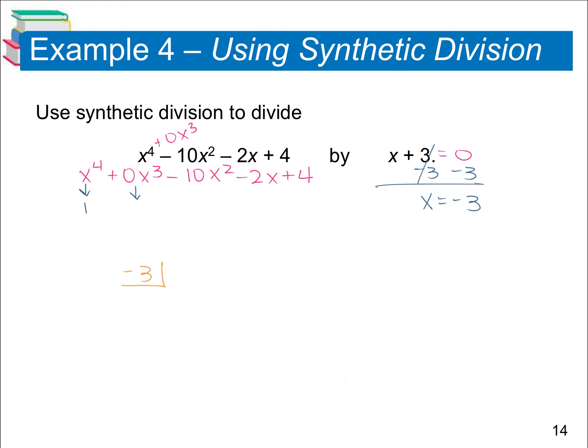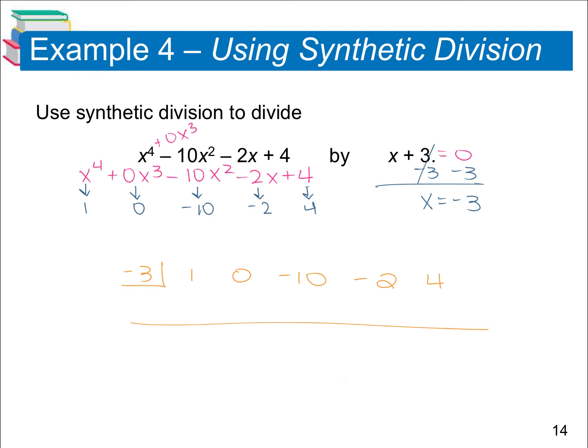The 0x cubed is 0. The negative 10x squared is negative 10. The negative 2x is negative 2. And the 4 is just 4. So on the right side of the -3, you put 1, 0, -10, -2, and 4. Under that, give yourself a little space and draw a line underneath.